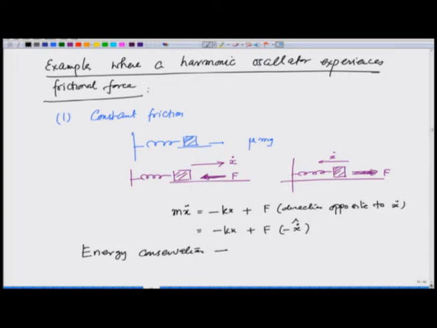What I mean by this is the loss of energy due to friction is going to be equal to the change in the energy of the oscillator, and this is what I am going to use to calculate how this motion gets damped.